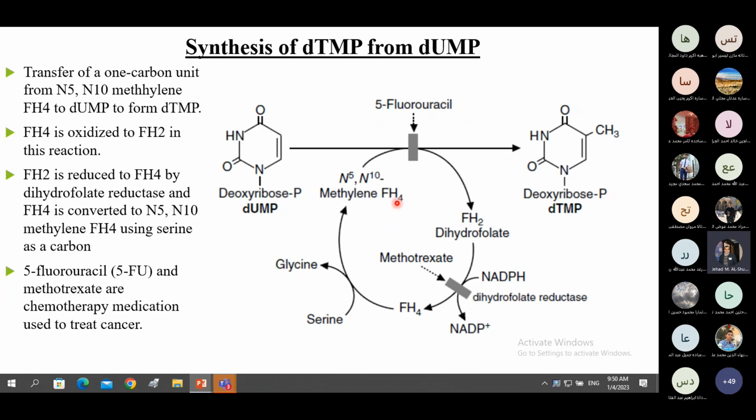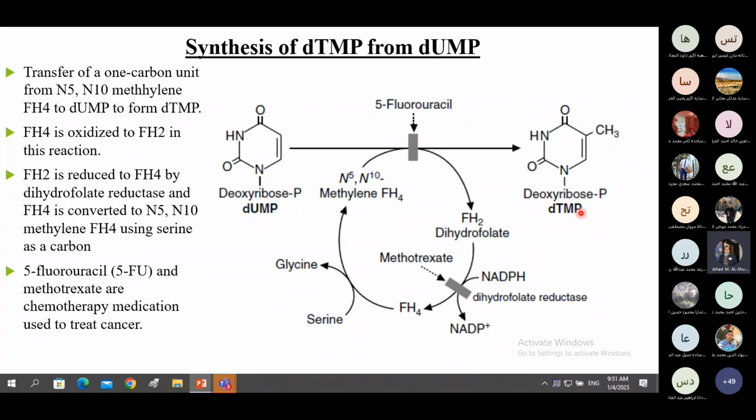So FH4, as you can see, donates one carbon group in the form of methylene to dUMP, thus converting it into dTMP. And dTMP is a nucleotide in the DNA, thymidine.